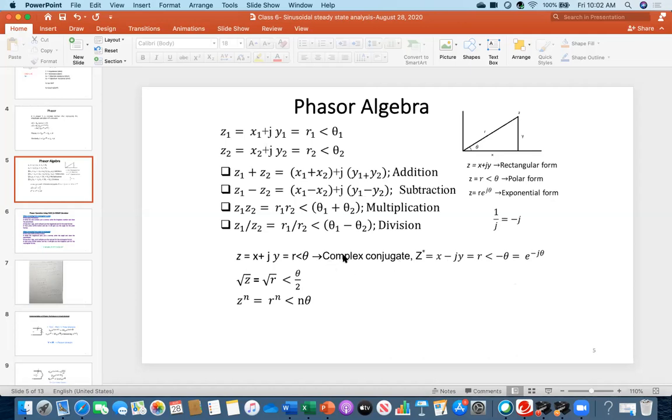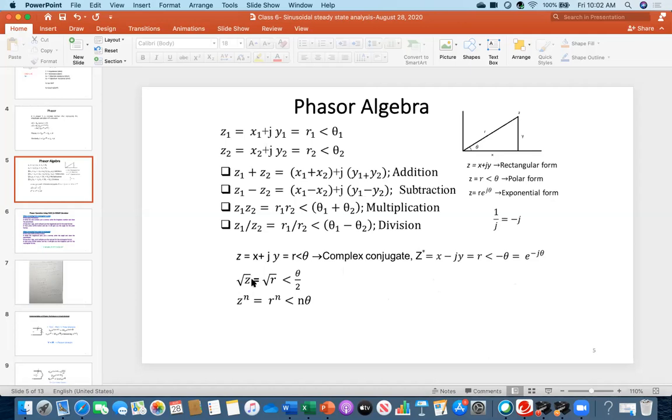I think everybody knows what a complex conjugate is. If you have a complex number, what is its conjugate? That is why we use the symbol Z star. Just change the sign: if you have a minus sign here, put the plus sign here. That is the meaning.